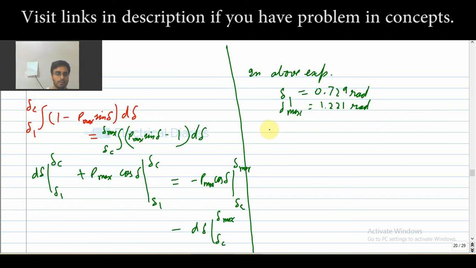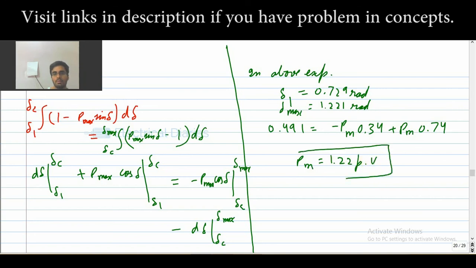So finally you will get this expression: 0.491 is equal to minus Pm times 0.34 plus Pm times 0.04, where Pm is P max. On solving this you will get your Pm as 1.22 per unit. Okay, so this is the answer.